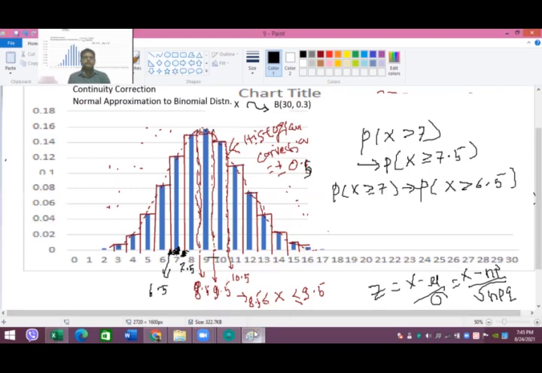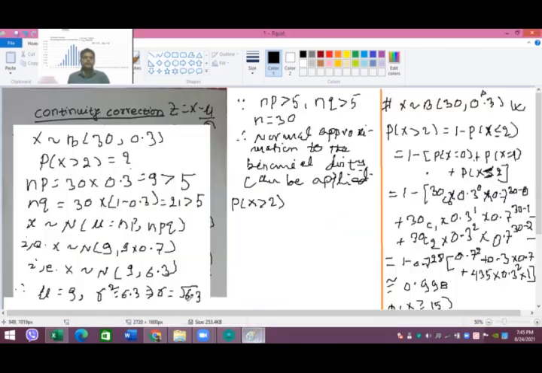Now in this question, if it is bigger than 2, then 2 is itself at the discrete point, so the first continuous point will not be 2, because it should not include 2.